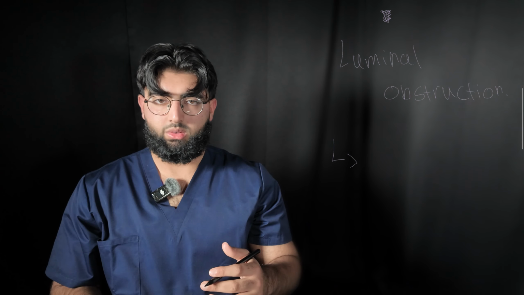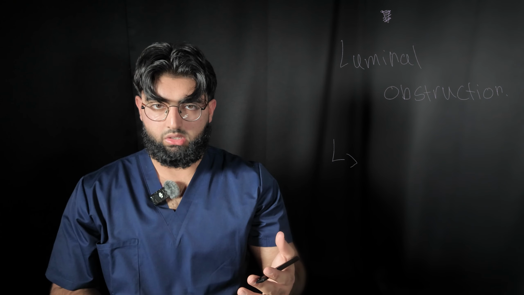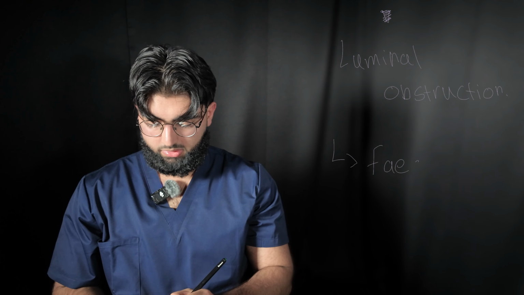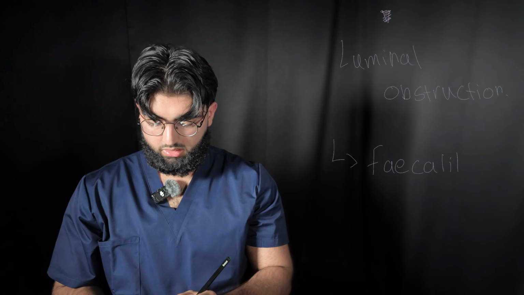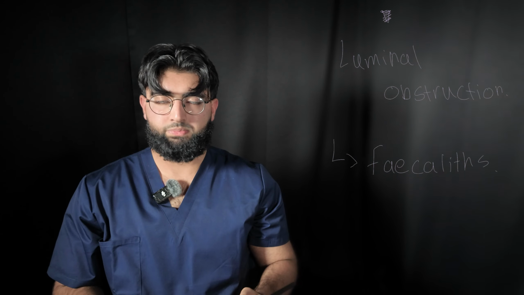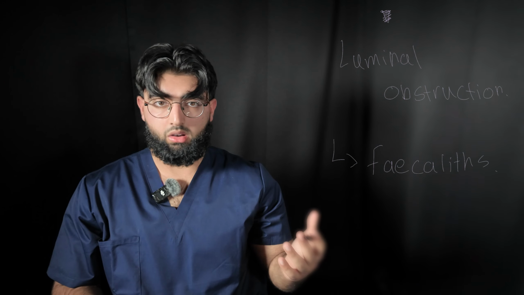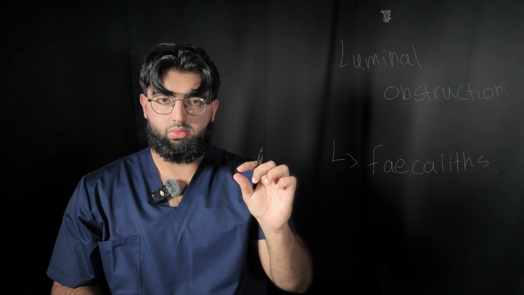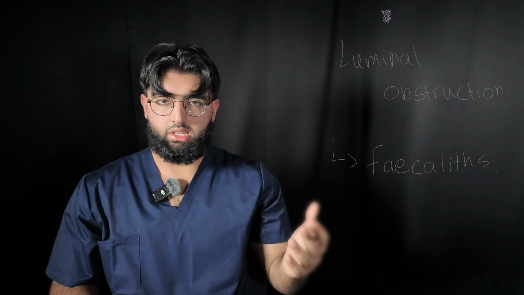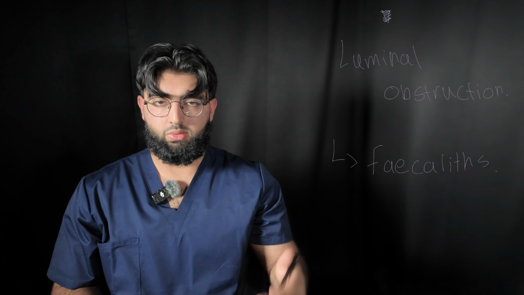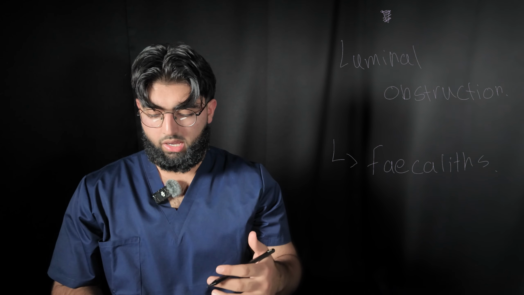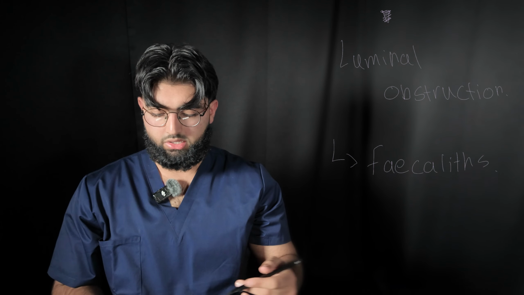Now, let's have a look at what actually causes that sort of obstruction. So the very first thing is fecaliths. Now, what actually are fecaliths? Fecaliths are essentially small parts of hardened feces. Obviously, as you can imagine, there is feces floating around in the bodies of every human, or should be at least.